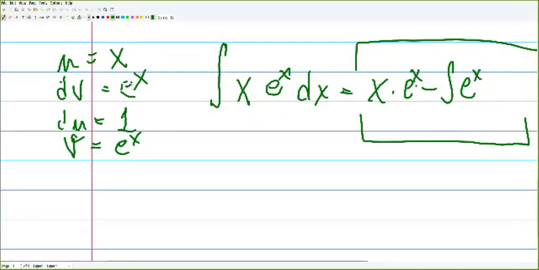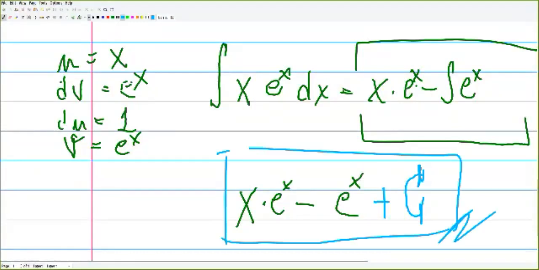And what's the integral of e to the x? That's e to the x. So we have x times e to the x minus e to the x, plus the constant of integration.